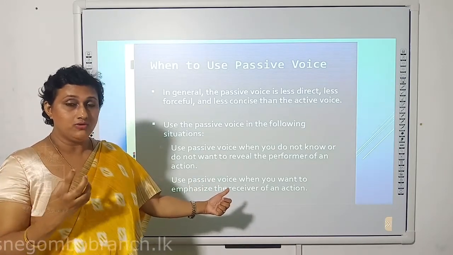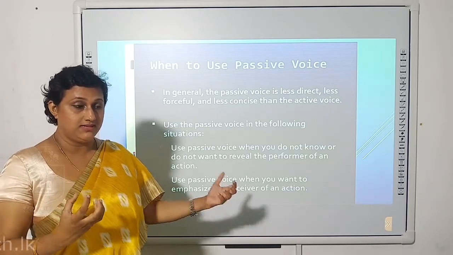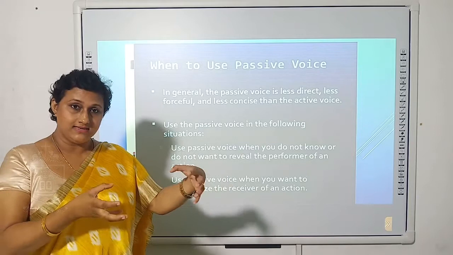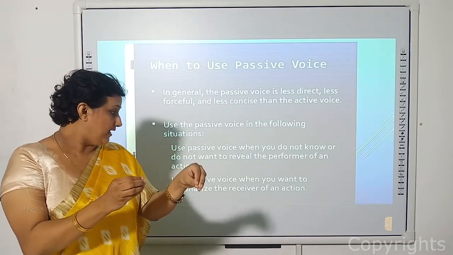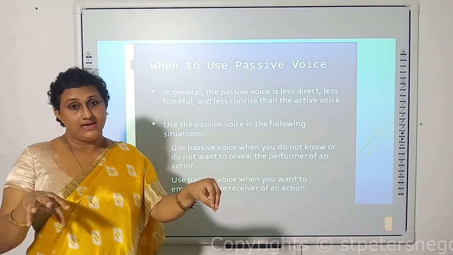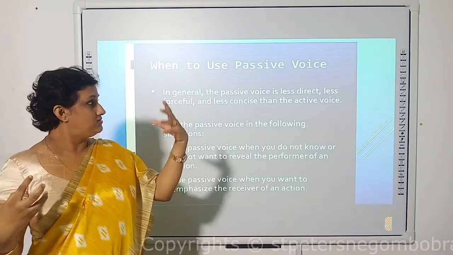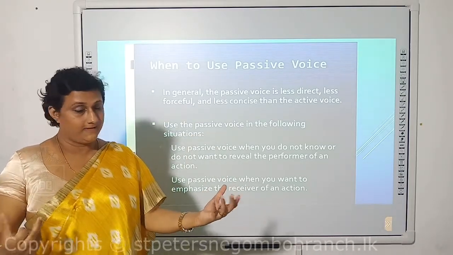So there I want to reveal the receiver of the action, that is the window. The window is the thing that has received it, right? So then I want to highlight that. I don't want to highlight the person who has done it. In such situations I use passive voice when I do not want to highlight the performer of the action, right?